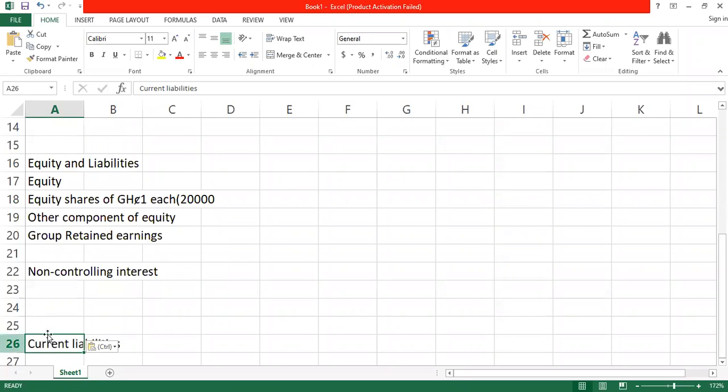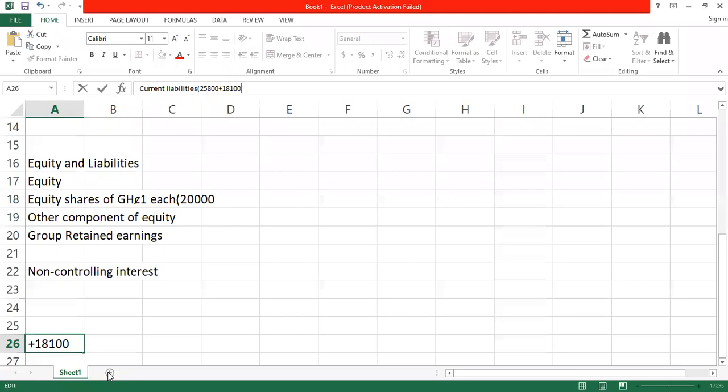So what are the figures for the current liabilities? 25,800 and 18,100. Okay. So after doing this, you now think about your workings.